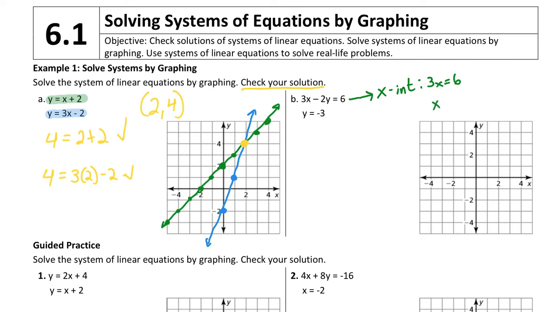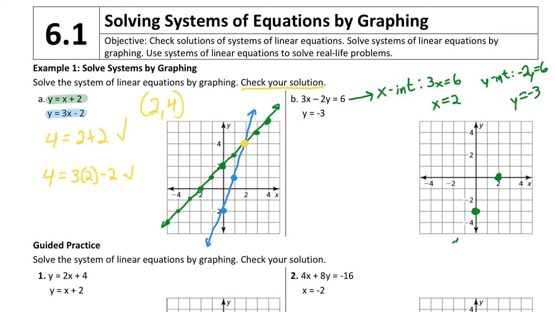So my x-intercept is x equals 2. My y-intercept of that equation is the y value when x is 0. So the y value when x is 0 will be represented by 2y equals negative 6. So my y-intercept is negative 3. So an x-intercept of 2 and a y-intercept of negative 3 would look something like this.